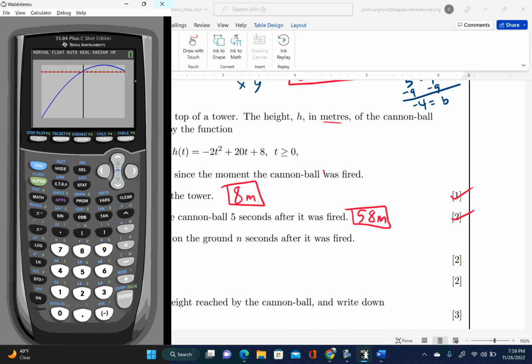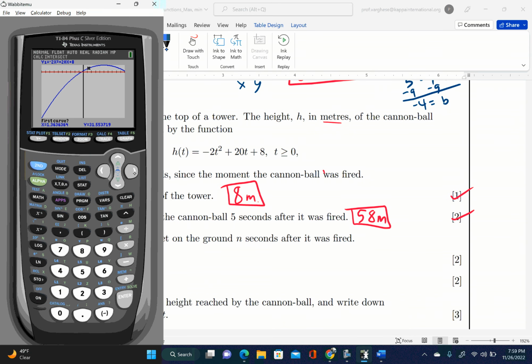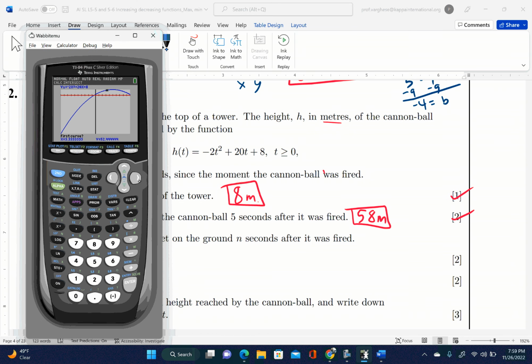So I want to find out where this point of intersection is. So I hit second, I go to trace, I go to option number 5, and I already know that value, so I don't need to go ahead and do that. But I'm going to move my cursor over to the right as much as possible.